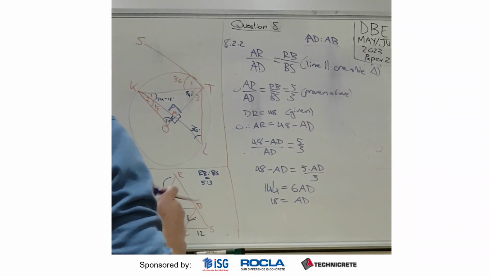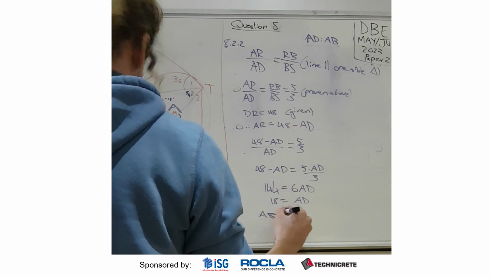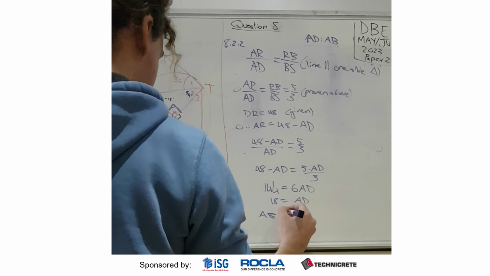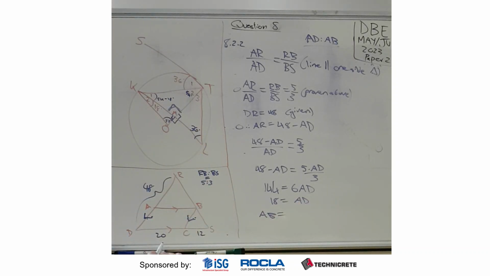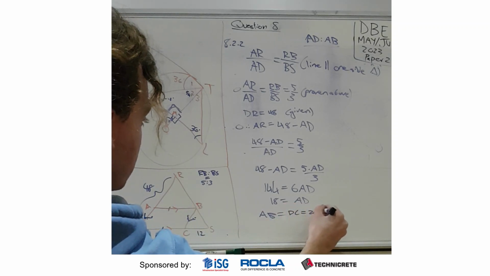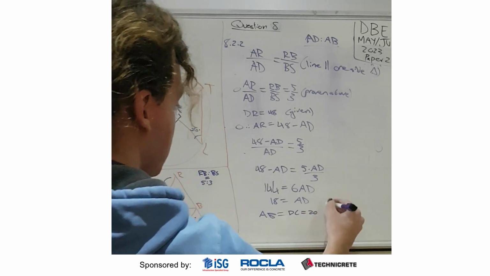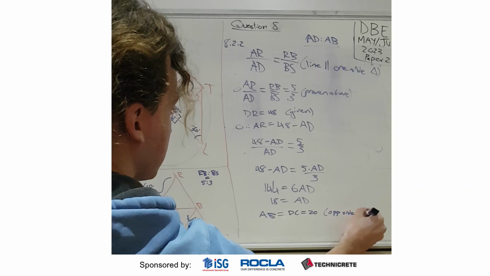So we just want to find AB, right? AB is a part where you ought to see, actually, we've known AB for a while now, right? This here is a parallelogram. So this side should be the same as that side. Sorry, not 20 degrees, just 20. That's opposite sides of a parallelogram.